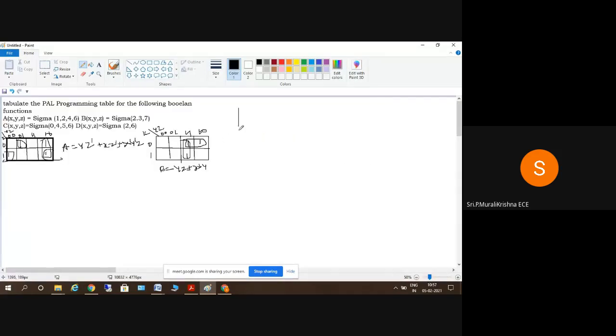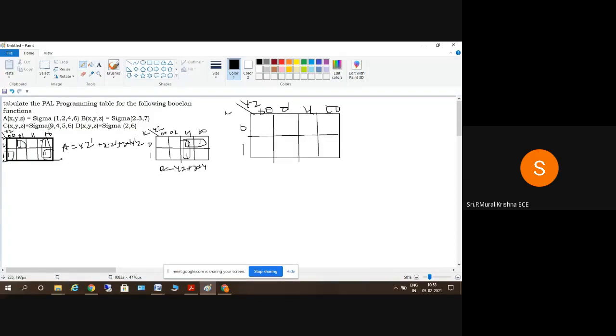And coming to C here, values of C. This is X, and YZ is 0, 0, 0, 1, 1, 1, 1, 0. And what are the values here?